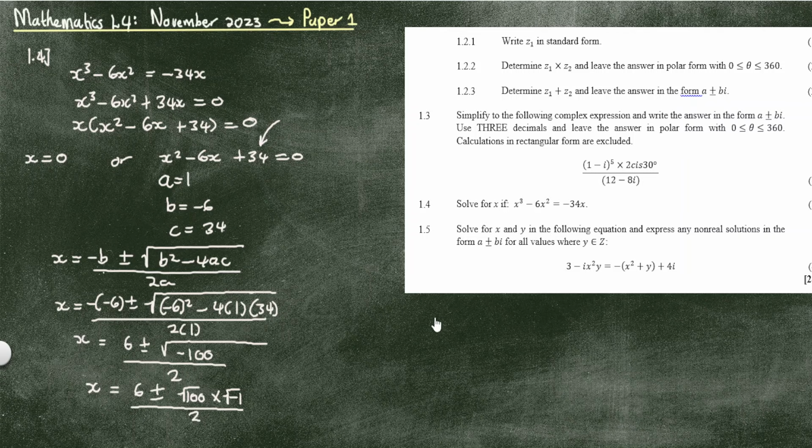Basic rule, the basic principle with SATs. So I'm isolating the 1 and the 100, because we know that the square root of minus 1 is i, isn't it? Now x becomes 6 plus minus, what's the square root of 100? That's 5. Square root of minus 1, that's i, over 2.